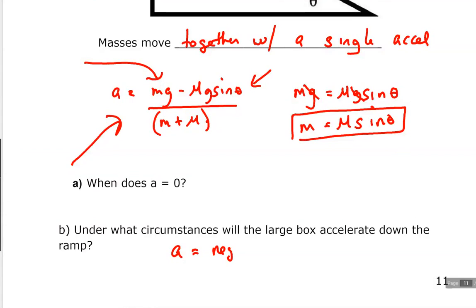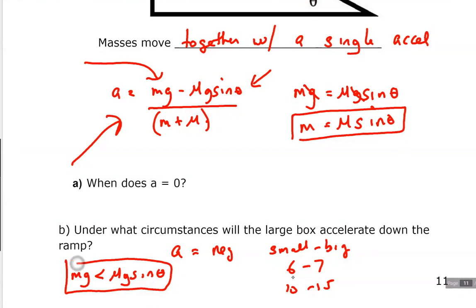Remember, a small number minus a big number gives you a negative number, like 6 minus 7 or 10 minus 15. So when little mg is less than big Mg sine theta, then a would be a negative number.